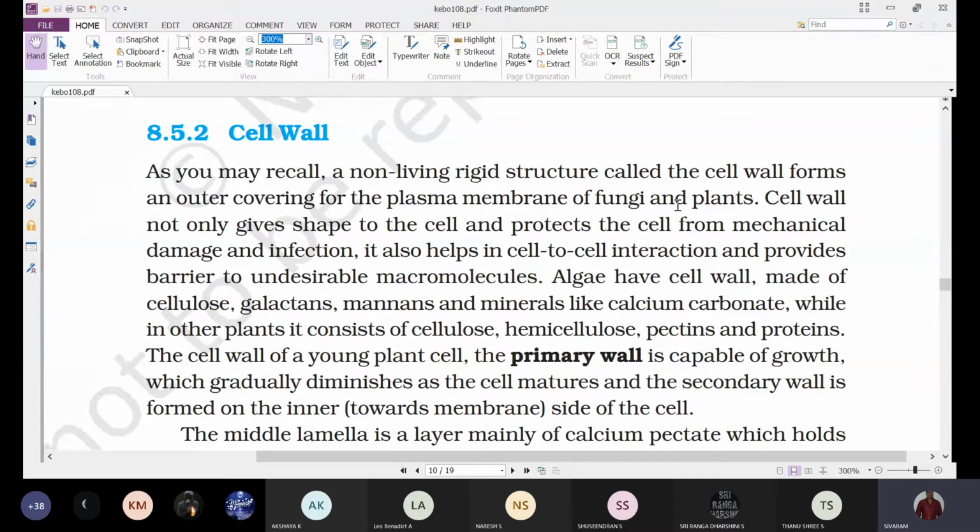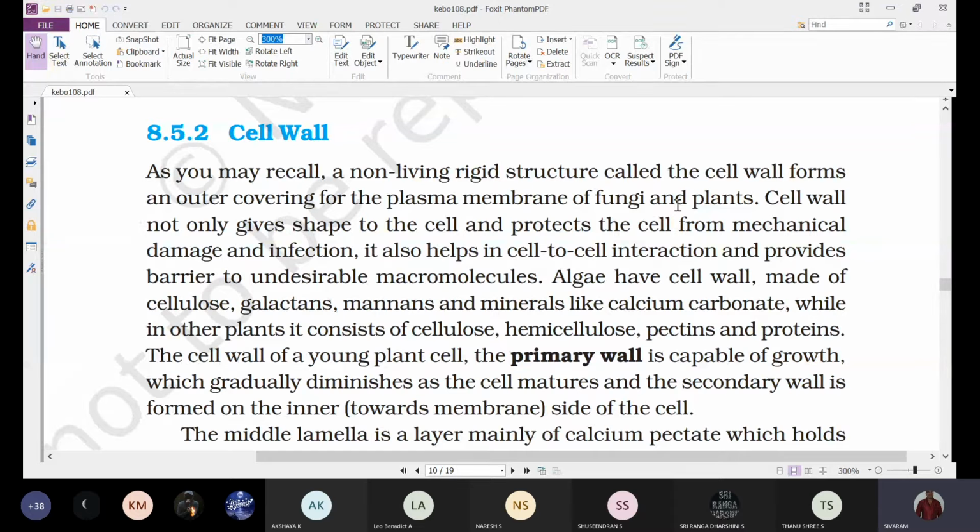The cell envelope of prokaryotes: glycocalyx, cell wall, and plasma membrane. All together, it is forming the cell envelope. That is with reference to prokaryotes. But here we are discussing the cell wall with reference to eukaryotic cells.